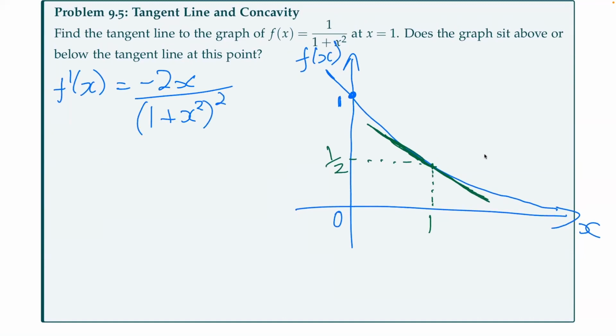So that's telling me the slope of my tangent at a particular value of x. But I want to know, is this tangent above or below the axis? So I want to know whether my function is concave down, in which case it looks like this, and my tangent will be above, or if it's concave up, which looks like this, which we can tell from the graph it's going to be concave up, but we want to show that that's the case, in which case my tangent is below.